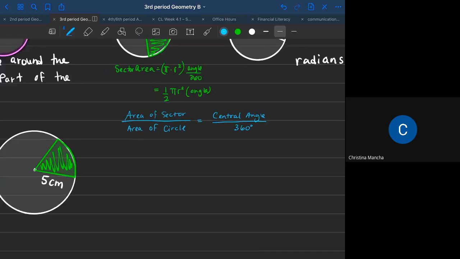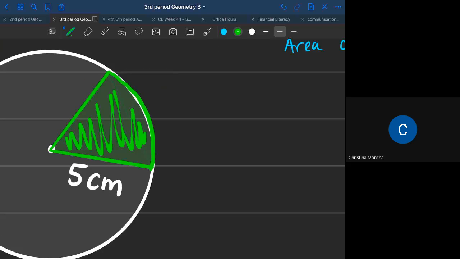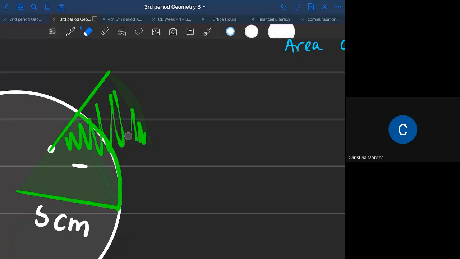So here, for example, let's say that our angle is, take this one and erase a little bit.